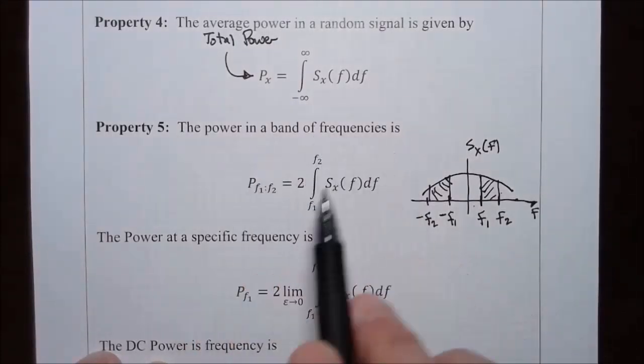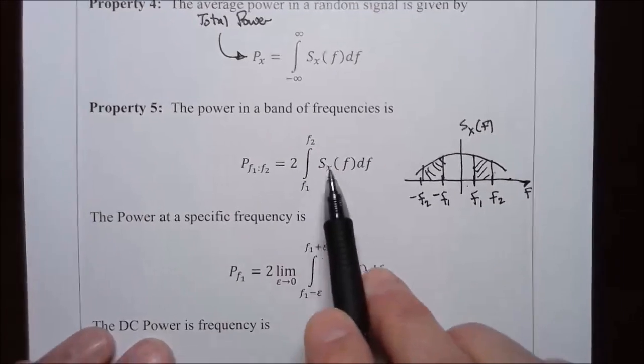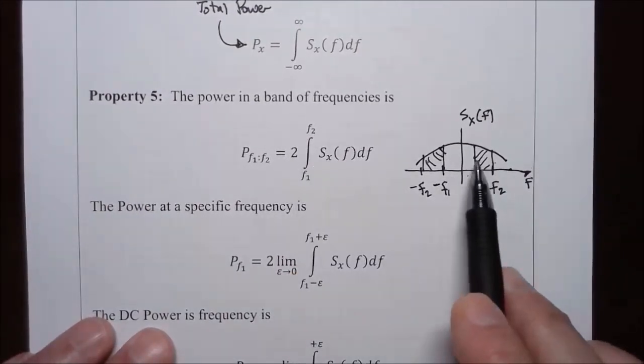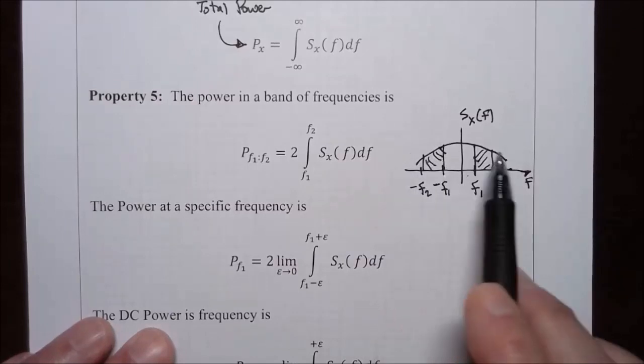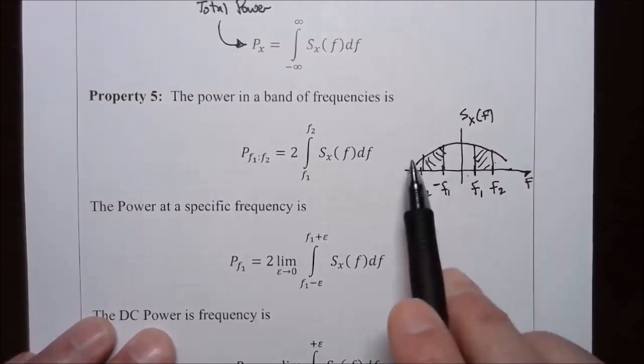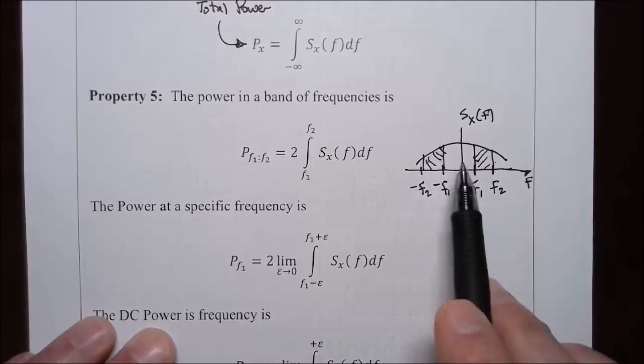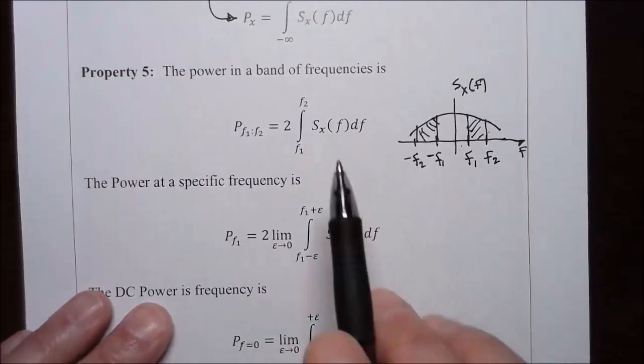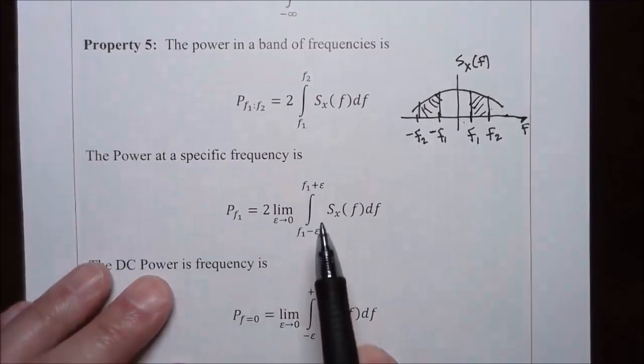So power in a band of frequencies is found by integrating from frequency F1 to F2, and since the power spectral density includes negative and positive frequencies and it's symmetrical, we can simply double that area to find the total power in this frequency band.